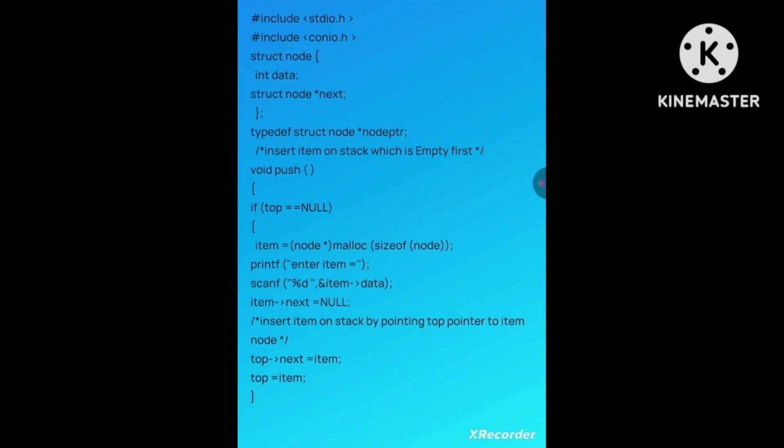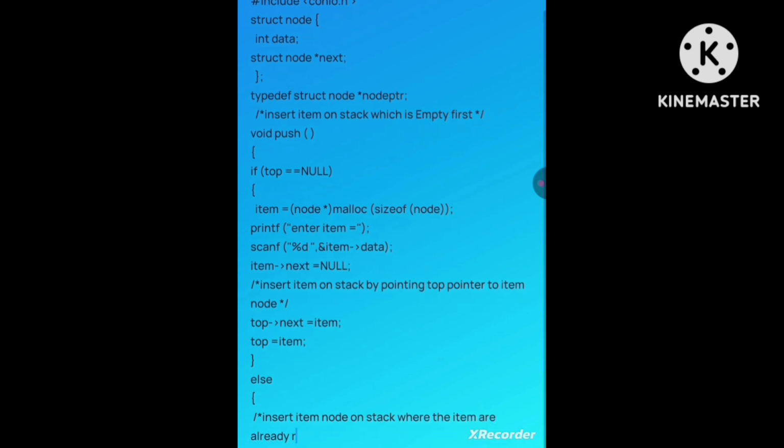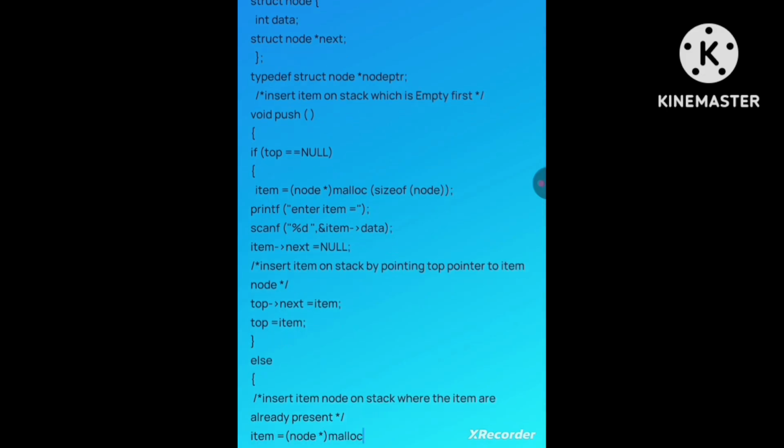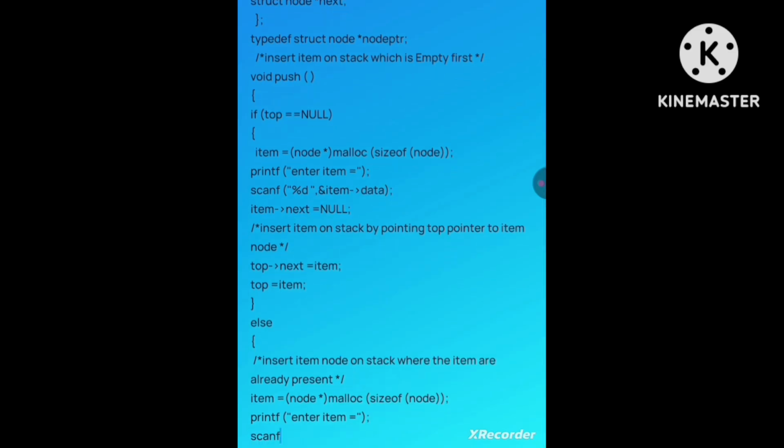Then what if other nodes are present on the stack? To add other nodes on the stack, we come to the else part of the code. Then we create the new node, that is, the item node, using the malloc function and enter the data value to the item node, and its next pointer will point to the null value.